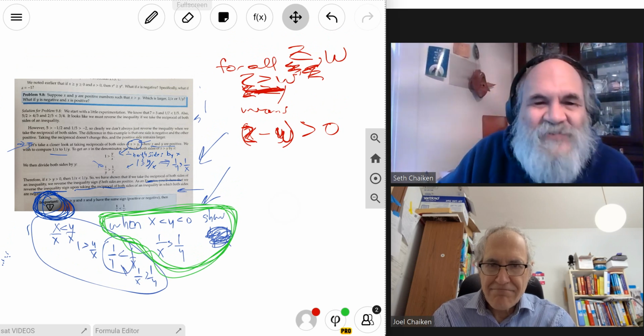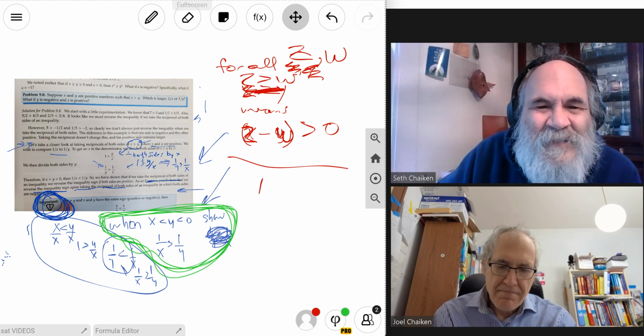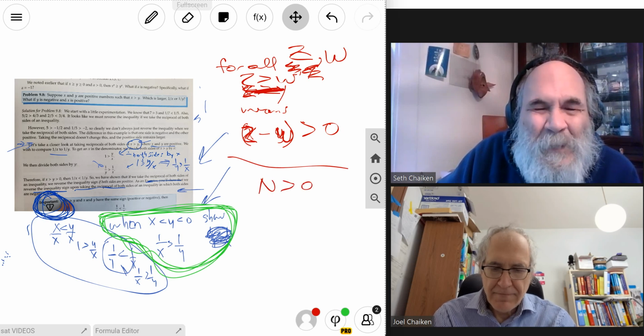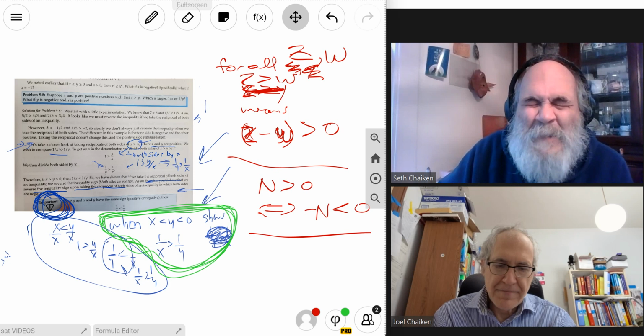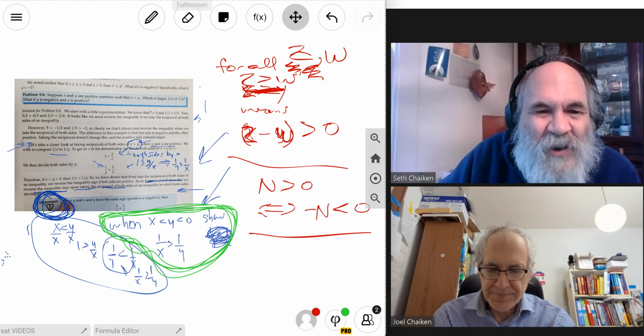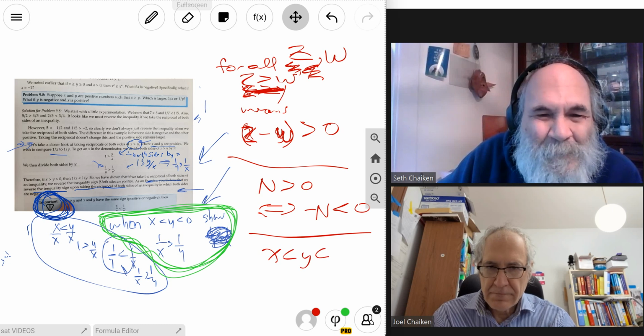And now we're also going to use the rule that if N is greater than 0, minus N is less than 0. Now, we start with the hypothesis X is less than Y and they're less than 0.